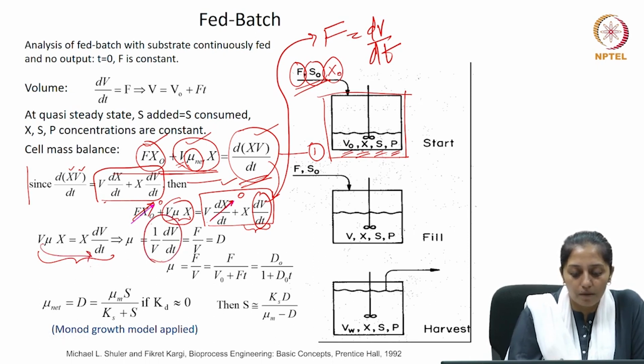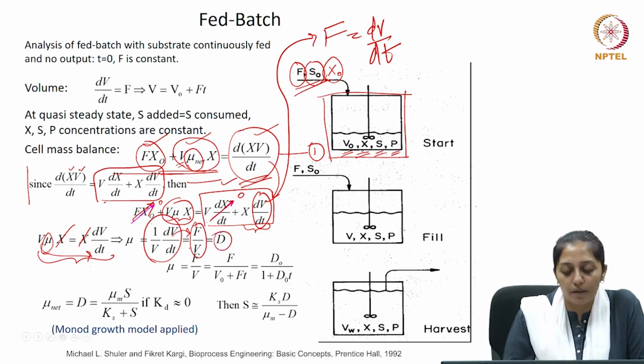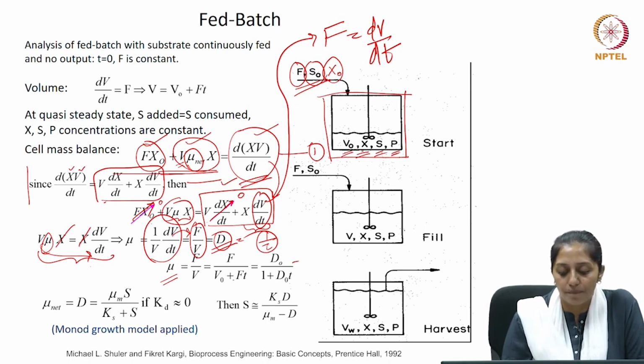So, it becomes 1 by V dV by dt, and dV by dt has been substituted as F. So, it becomes F by V equals mu, and x gets cancelled. F by V is nothing but the dilution rate inside the reactor, which is an inverse of the residence time. Mu becomes equal to D, which is the dilution rate.